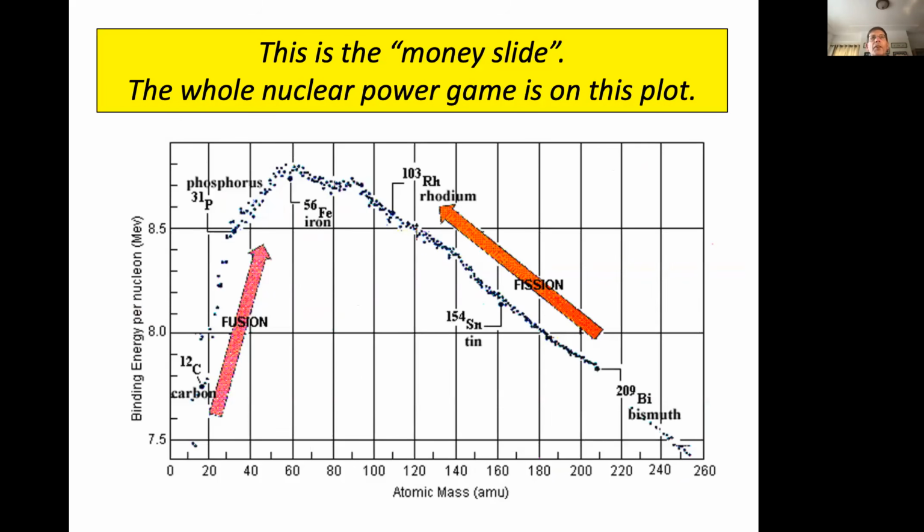And this is what I call the money slide. The whole reason this course exists, this has to do with proliferation of nuclear weapons, nuclear power, all this kind of stuff, is only due to one reason, and that is that this curve is not flat.